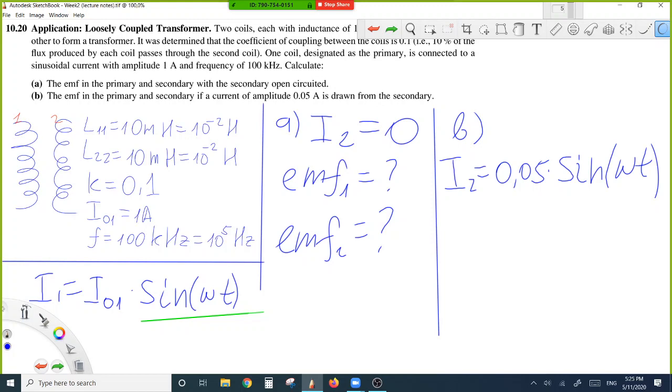So for question B, if I2 is equal to 0.05 ampere sine omega t, we need to compute again electric motive force 1 and electric motive force 2.